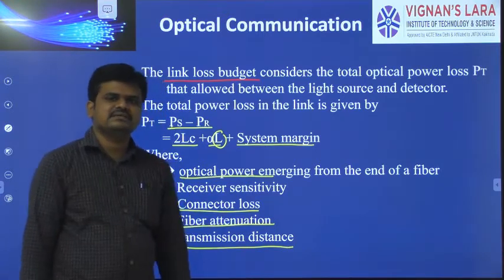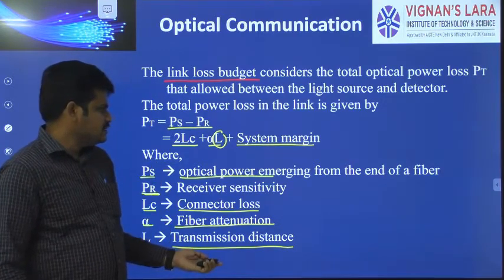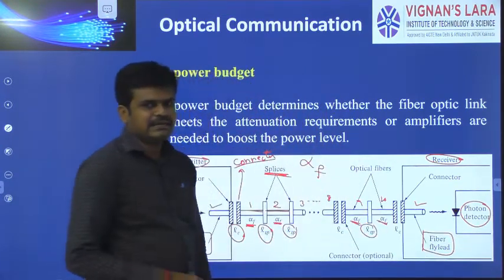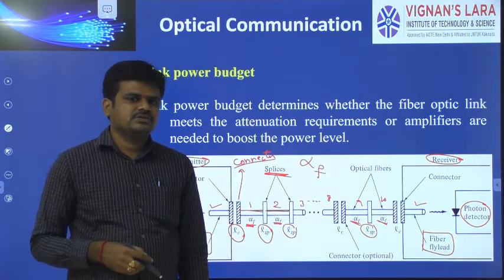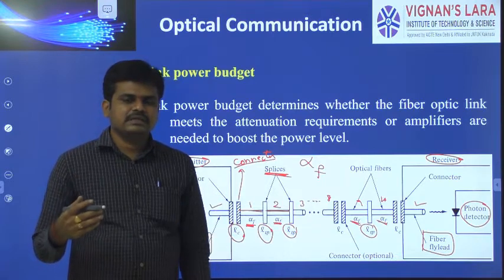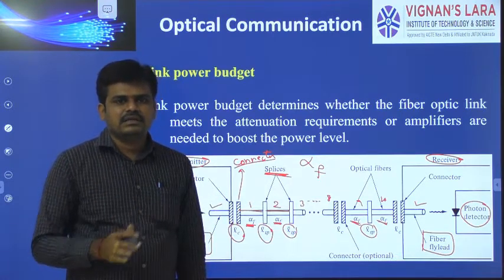Receiver sensitivity means, for example, at the receiver there is a photodetector. When light falls on the photodetector, it should generate a varying current proportional to the light falling on it.